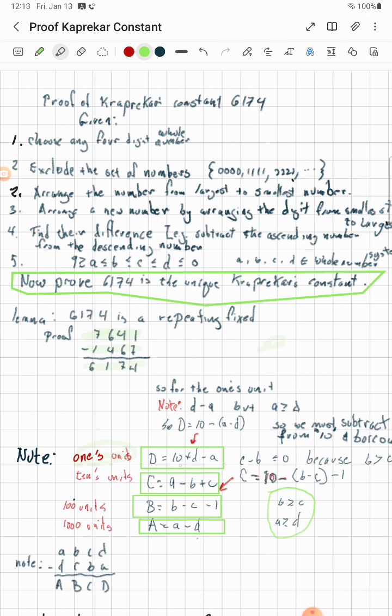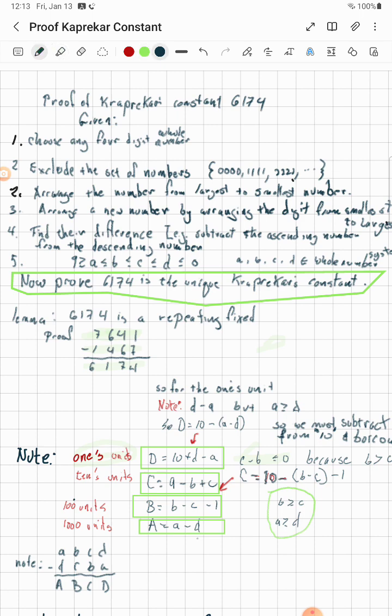Well, first of all, look right here: C minus B is less than 0, because the way we've organized them, let me write it down here.